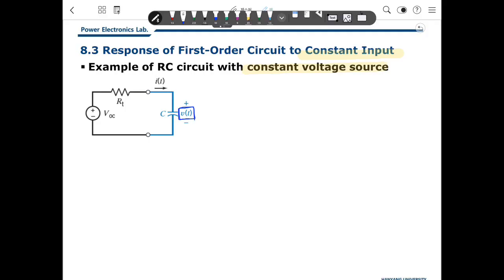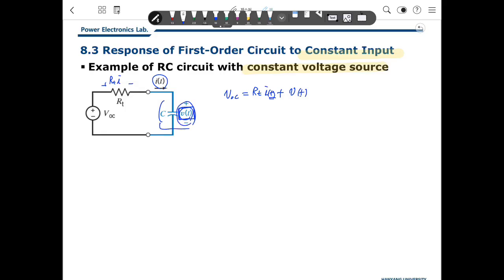So what should we do? At first, V_OC will be the same as this voltage, L(t), plus this voltage V. Actually, we insert t, meaning this current and this voltage change with time.